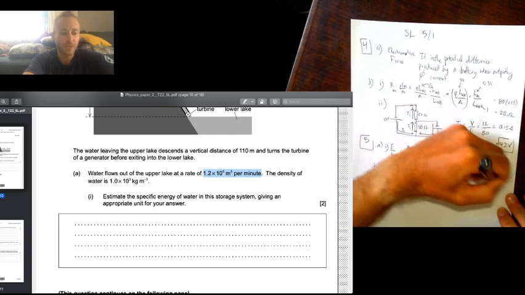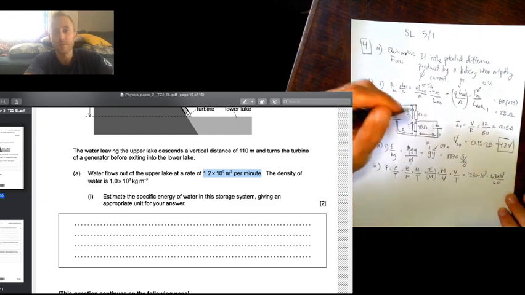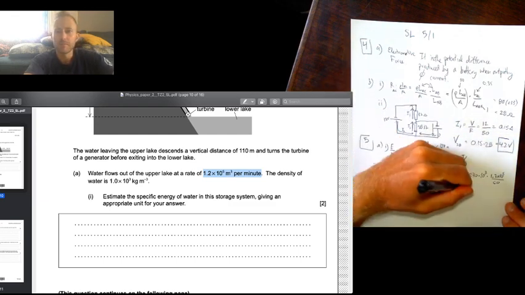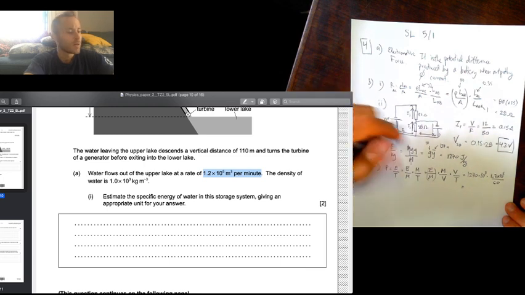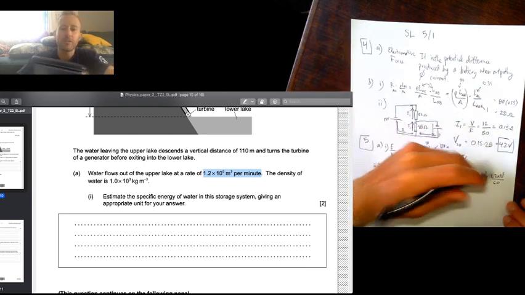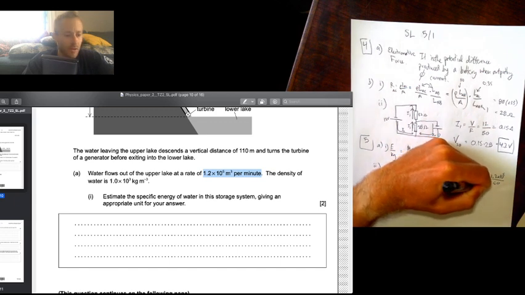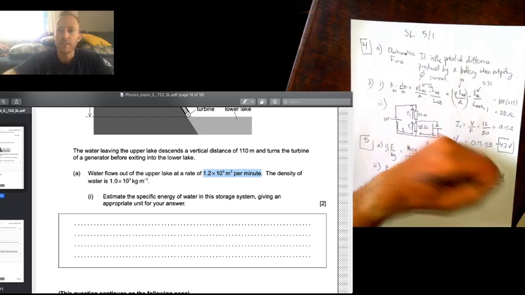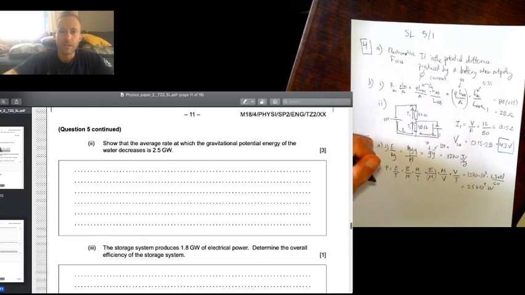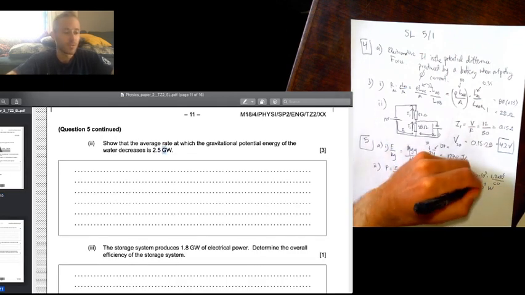So I have to divide by 60 to get per second, right? Then I multiply all those together: 1270 times 10 to the 3rd times 1.2 times 10 to the 5th divided by 60, and I get 2.5 times 10 to the 9th watts. And 10 to the 9th is a giga, so it stands for a billion. So this is 2.5 gigawatts.